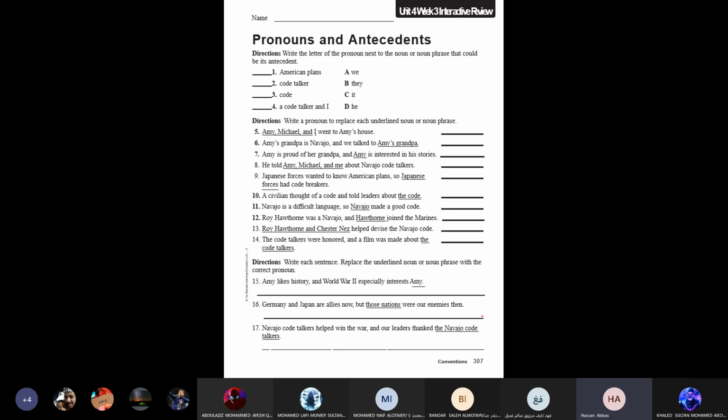You say, how do I know it's he, mister? Why is it not they, for example? Nebeju, in the beginning of the sentence, it said Nebeju is. So if you want to replace that, you replace it with he. So you say, he made good code.